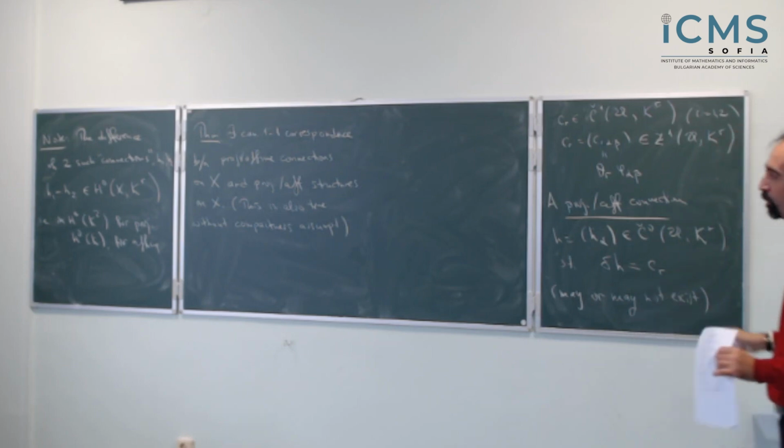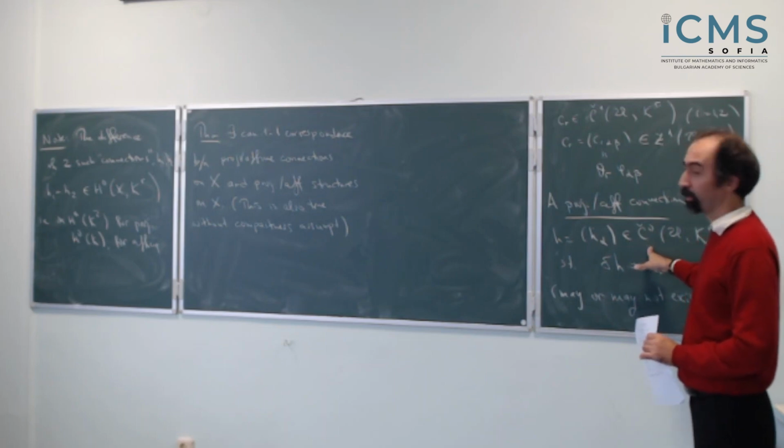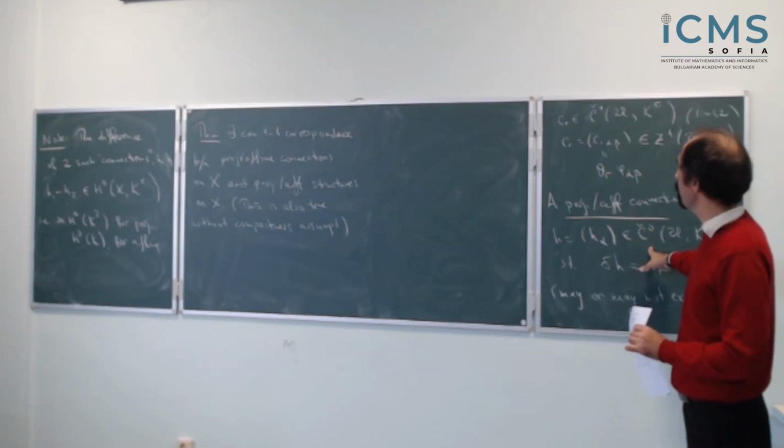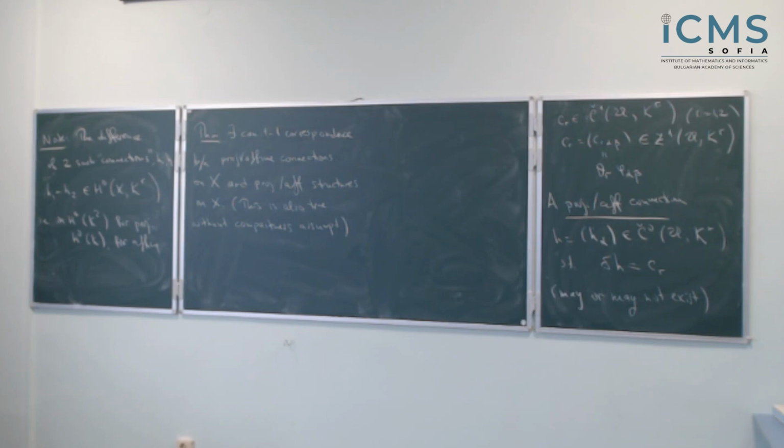When we define the structure, we pass to the equivalence class of the atlases. This is part of the discussion. But there are as many choices of this H, again up to equivalence, as there are equivalence classes of projective atlases with various transition functions.